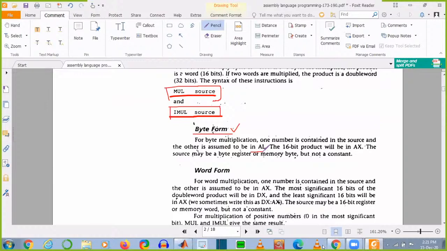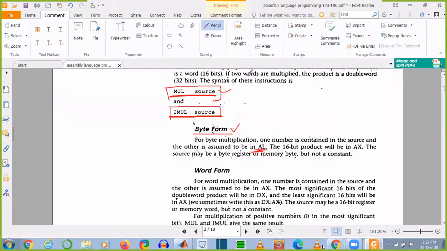One number will be in the source, whatever you have given, BH or BL, and the other number will be assumed in register AL.